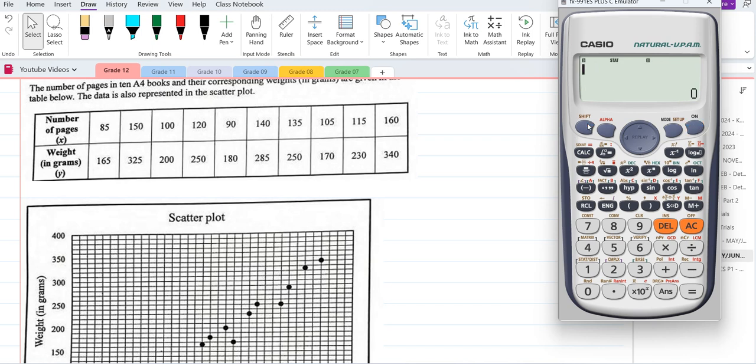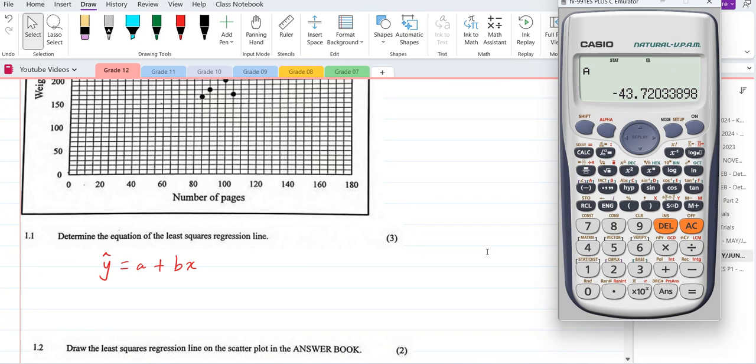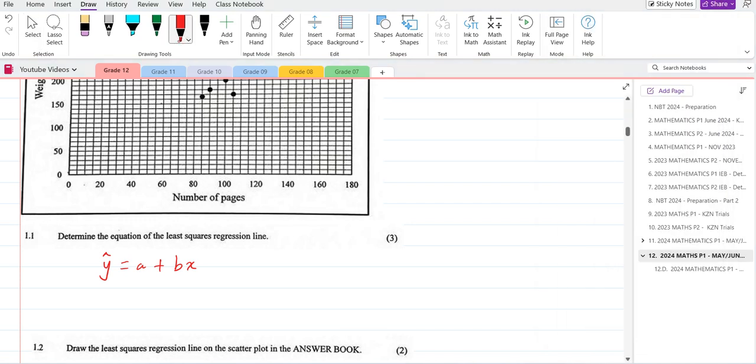Press shift 1, go to stats, regression mode, option number 5. Select option number 1 for a. A is equal to negative 43,72. So the value of a is negative 43,72. Let's write that down.